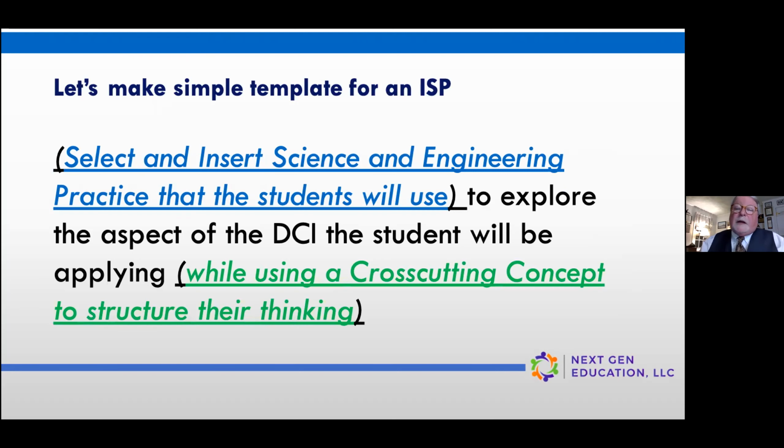Remember, that cross-cutting concept is how the student looks at the phenomenon that they experience through the lesson. It focuses them in on a specific aspect. If you say patterns, they're going to look at patterns. If you say structure and function, they're going to look at structure and function. It's more of a metacognitive dimension rather than the practices where they're actually doing something.